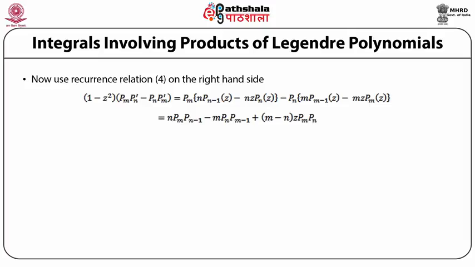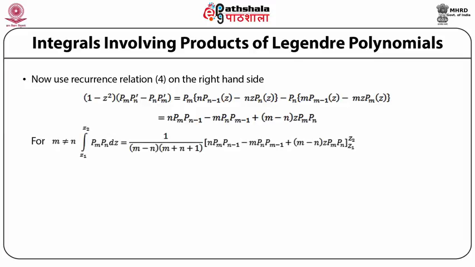into z into Pm Pn. Hence, when m is not equal to n, the integral over z going over the definite limits z1 to z2 of the term Pm Pn is equal to 1 by (m minus n) into (m plus n plus 1).